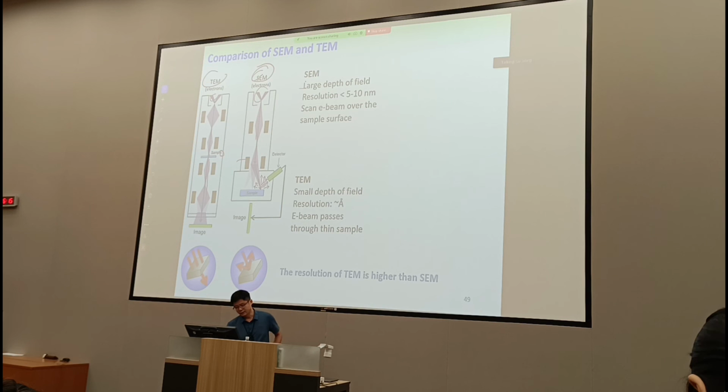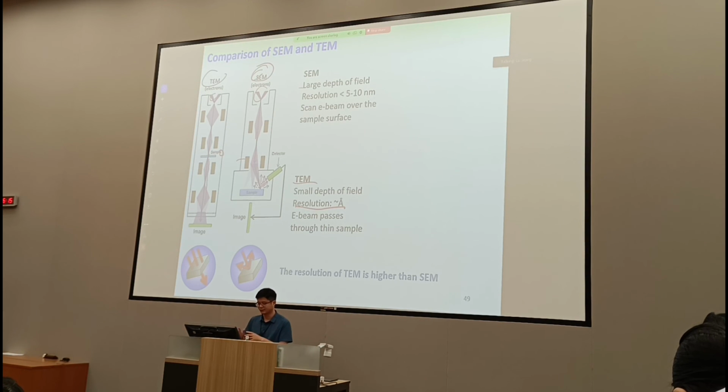In terms of advantage, the TEM usually offers much higher spatial resolution. You can visualize the lattice. You can even see the atomic positions in certain modes of the TEM, like scanning transmission electron microscopy. The resolution is much higher than SEM. But SEM has certain advantages.